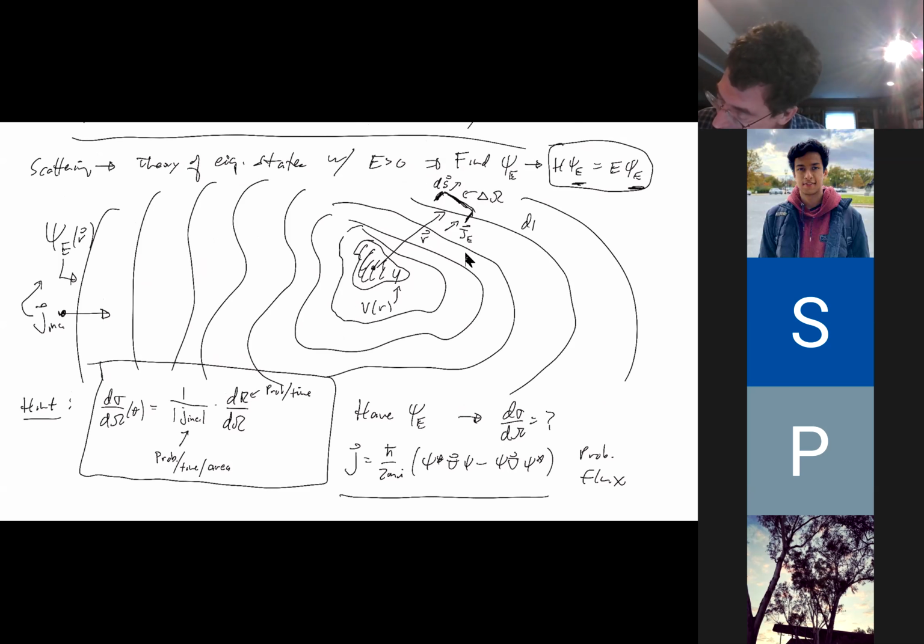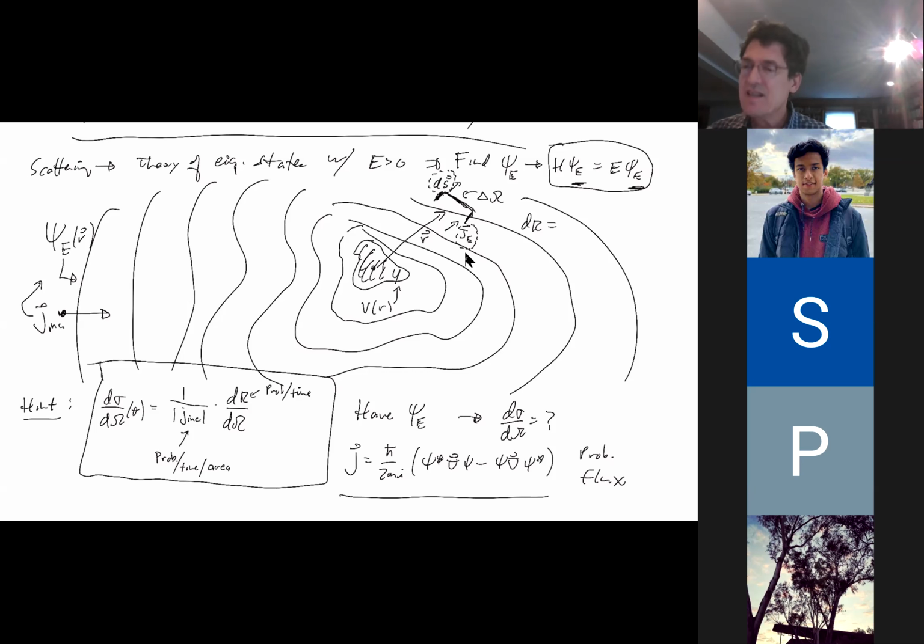Then dr is equal to what in terms of JE and ds? JE is the probability flux near my detector, ds is the area of my detector. What is the probability that flows into my detector? The product of those? It's a special product. What kind of product? They're both vectors.